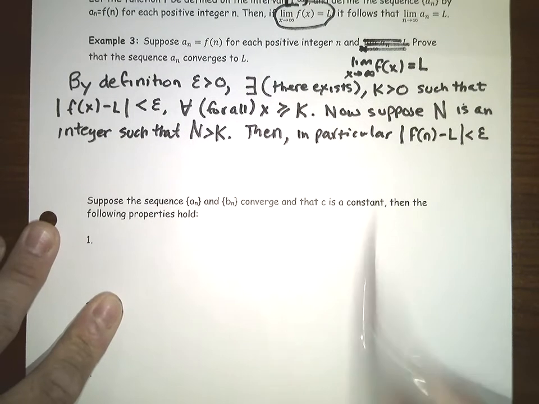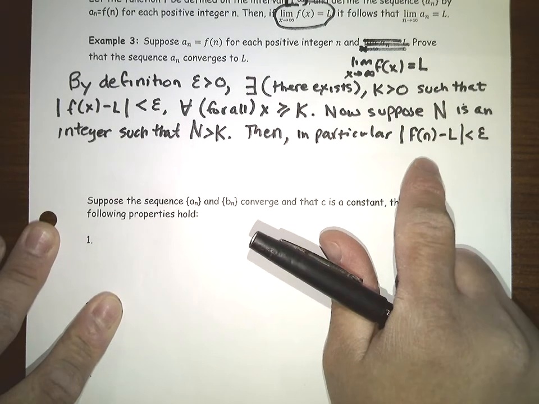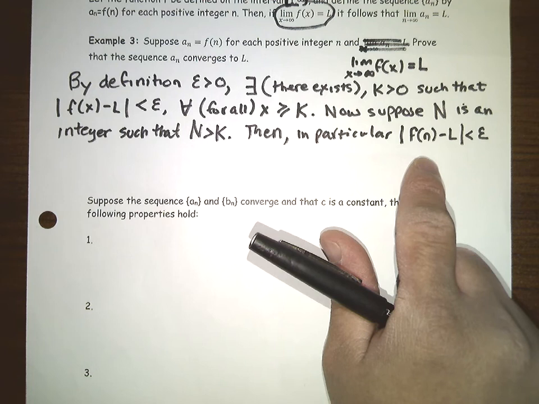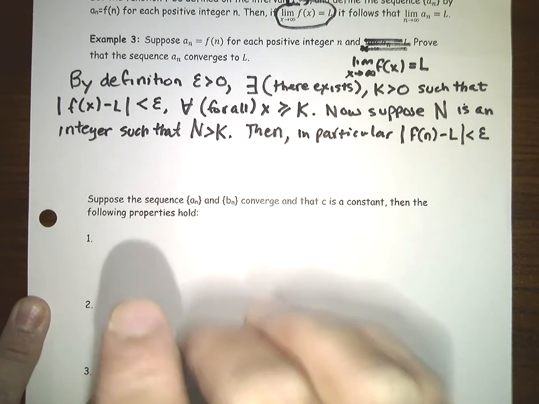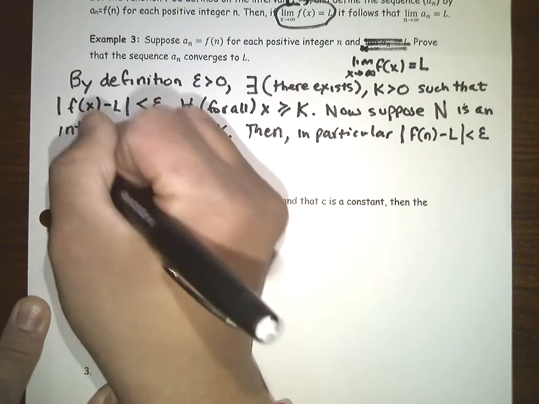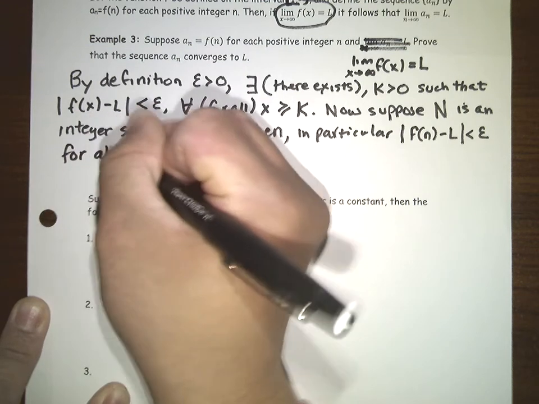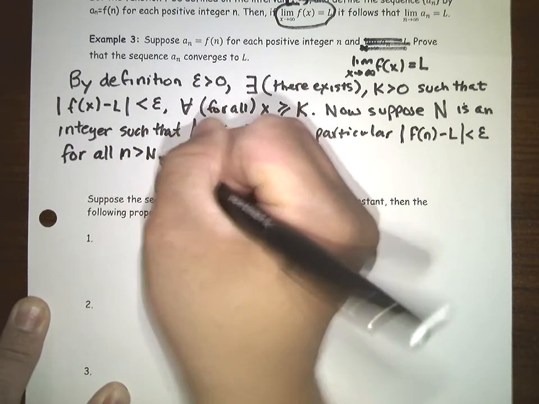So that was by our supposition here, and that's for all n greater than capital N.